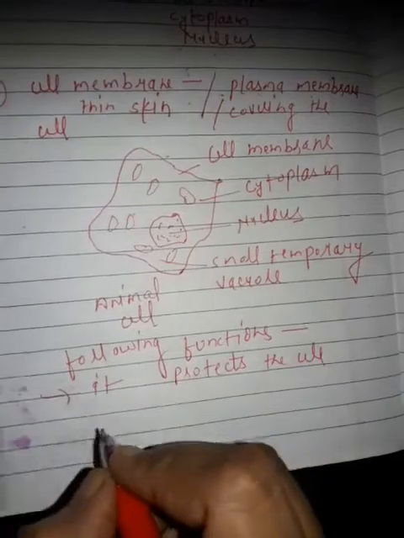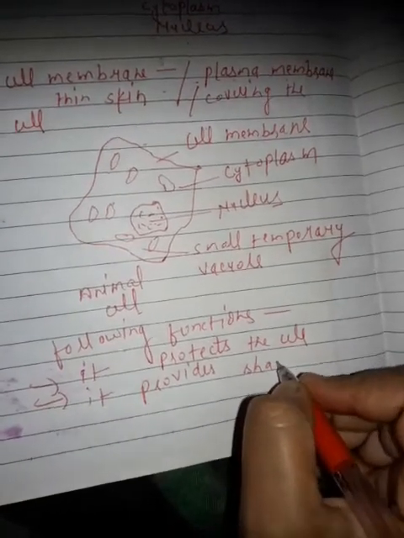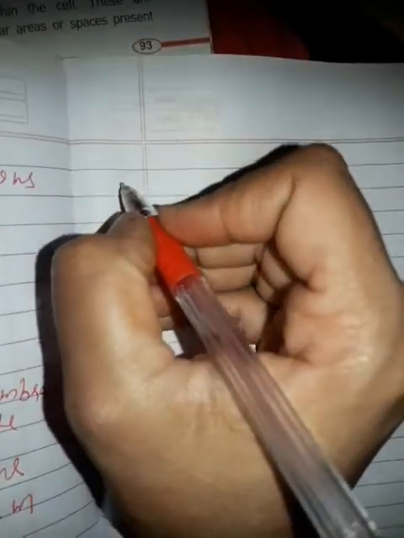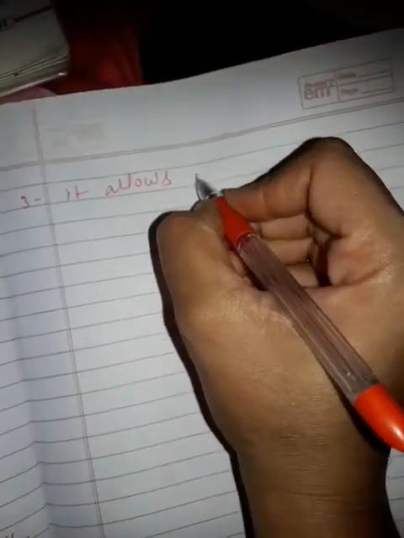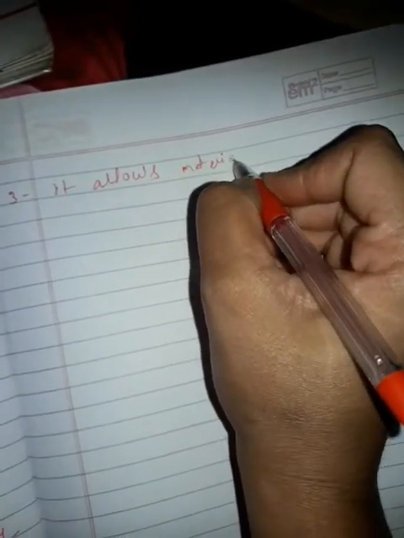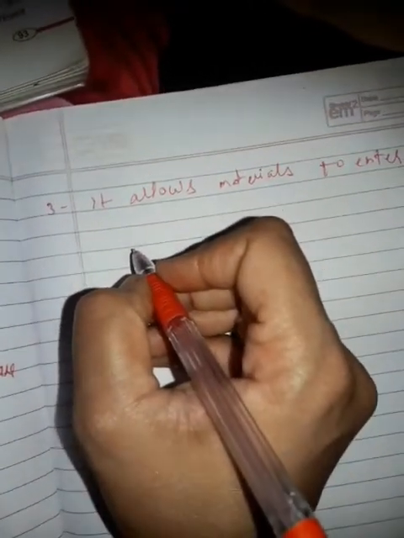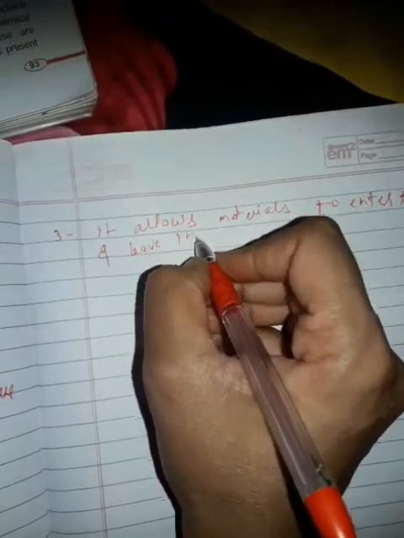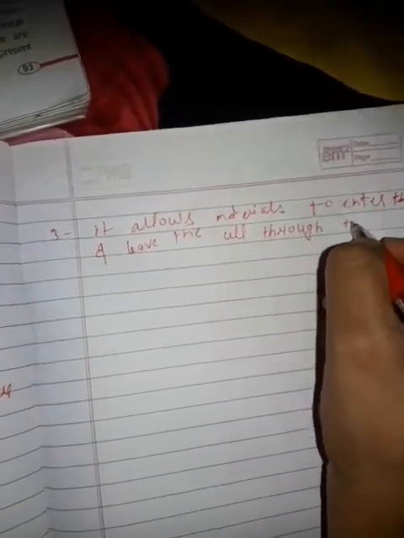It provides shape to the cell, and it allows materials to enter and leave the cell through the tiny holes.